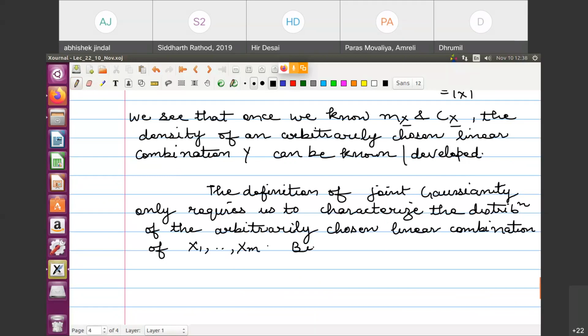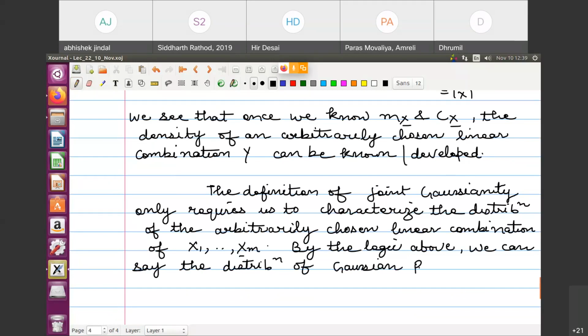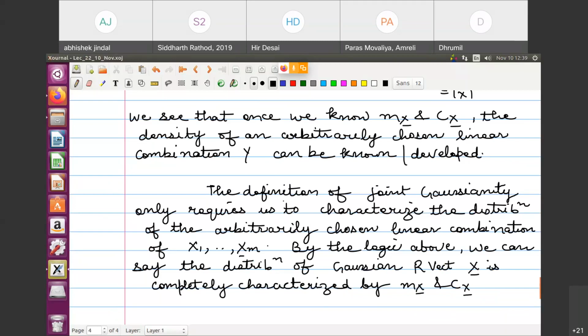Okay, so by the logic above, we can say the distribution of Gaussian random vector X is completely characterized by mx and Cx bar.